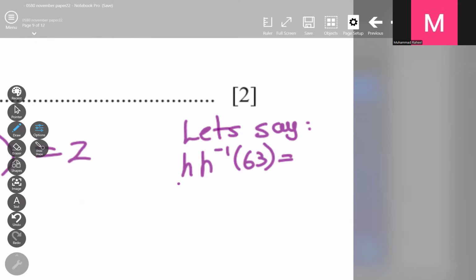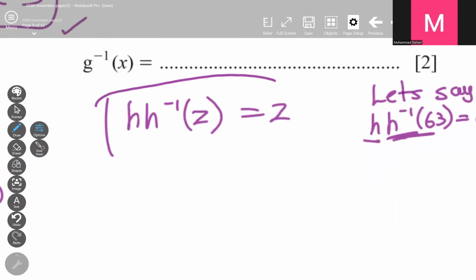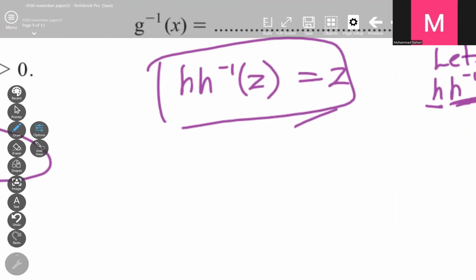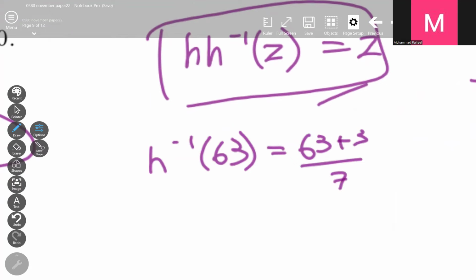Now, since we know the h inverse here, we can just write 63 down here. So now h inverse of 63 is 63 plus 3 over 7, which makes it 66 over 7.